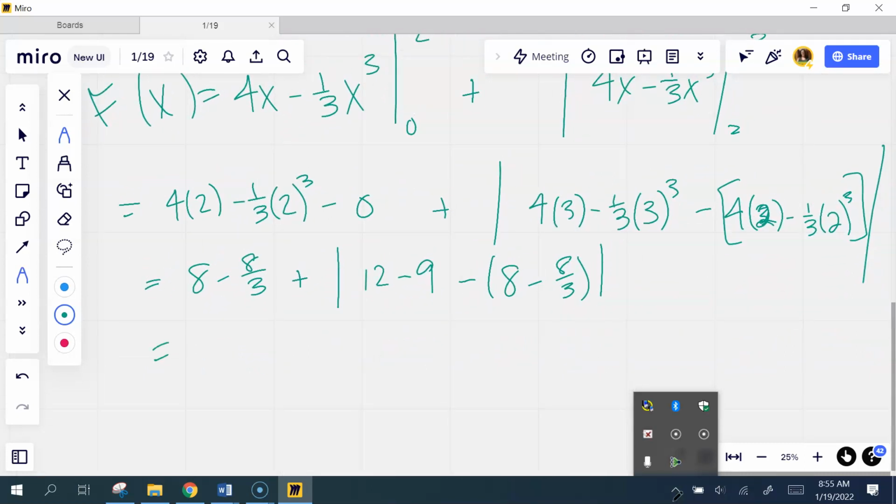I could really use a calculator on this. I'm just trying to be extra. 24 minus 8. That's 3. This is 16 over 3 again.